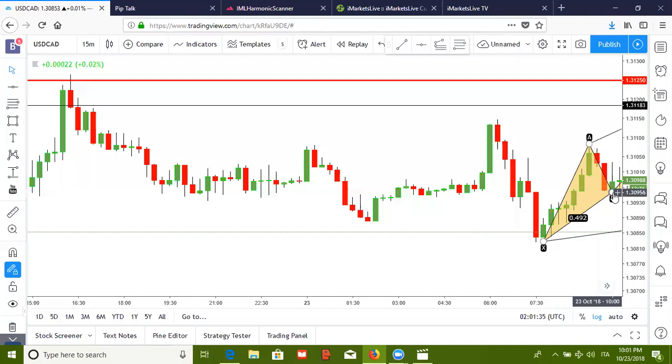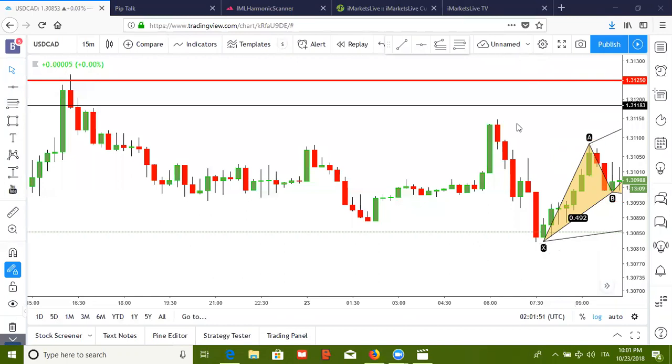Price pulled back. I'm going to grab my Fibonacci tool and fib out this level of support to this level of resistance and see what this level right here gives me. I just need a minimum 38.2 to a 61.8. That's it. Price then gave that to me.